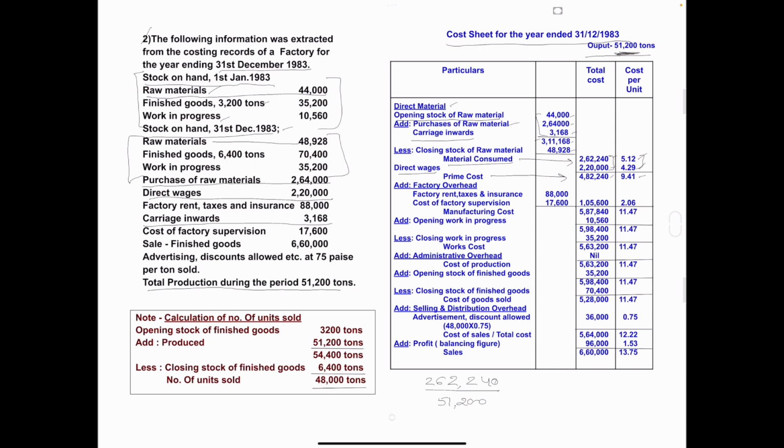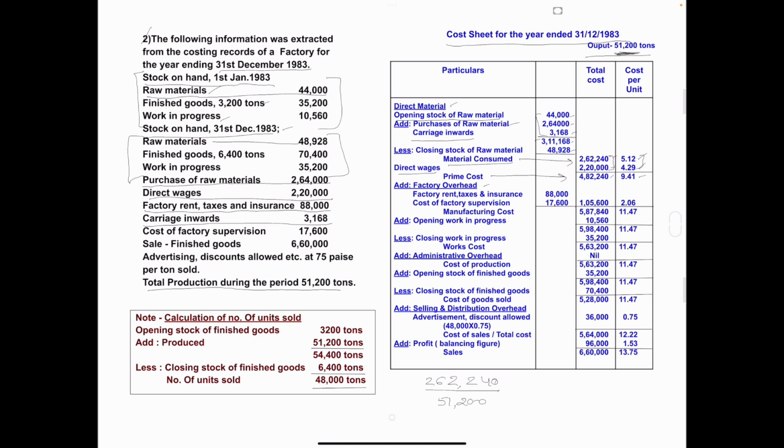Next, add factory overhead, any charges or overhead related to factory. See in the problem where they have given expenses related to factory. Factory rent, taxes and insurance is 88,000. So any expenses related to factory is to be taken under this head.